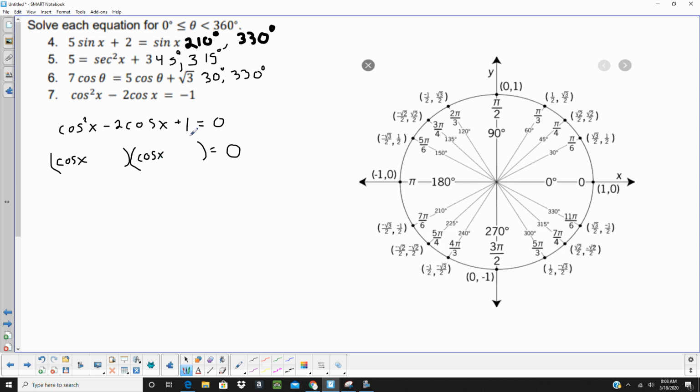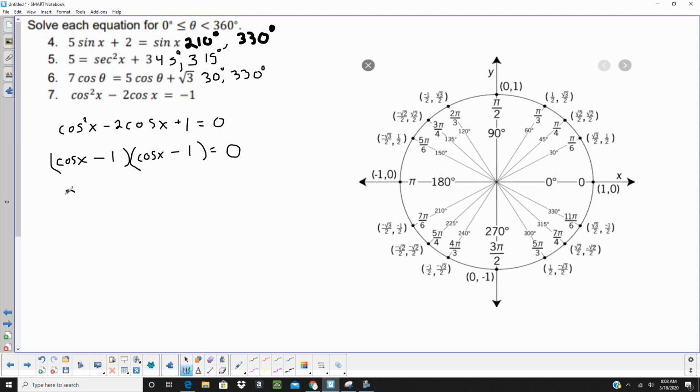Then I'm asking what two numbers or what two terms would multiply to 1 and add to -2. That would be -1 and -1. And if I wanted to check that, that would be negative cosine x, add them together and you get -2 cosine x.